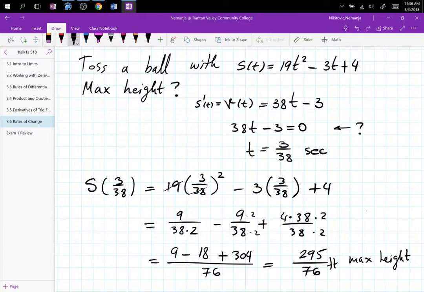No, it wasn't a ball. Let's say toss a marker, right? From 4 feet, somewhere over here. So from 4 feet height. So what is the maximum height? The maximum height that the marker reaches was somewhere over here, right? And that's that number.